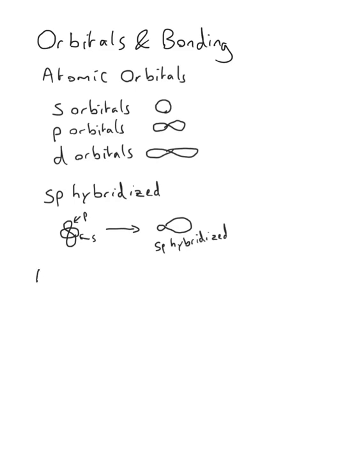We need to mention molecular orbitals, which are pretty much what happens when bonding occurs. So bonding is the overlap of orbitals. Say we have a hydrogen molecule, so just H2, right? Hydrogen has its electrons in an s orbital, and the other hydrogen must also have its electrons in an s orbital, and those orbitals must overlap.